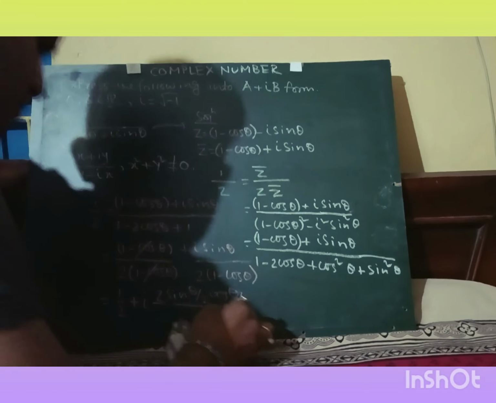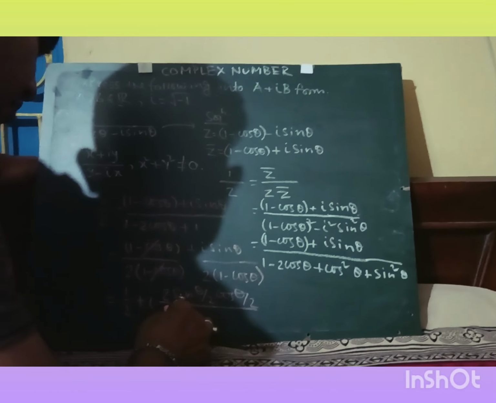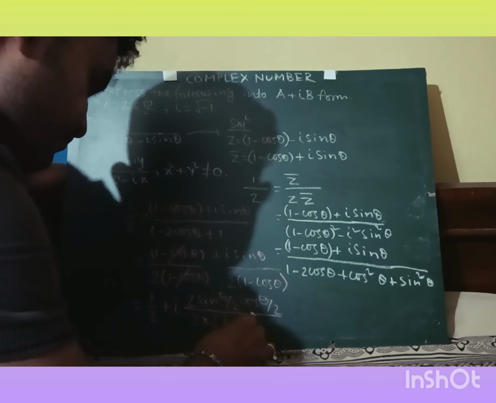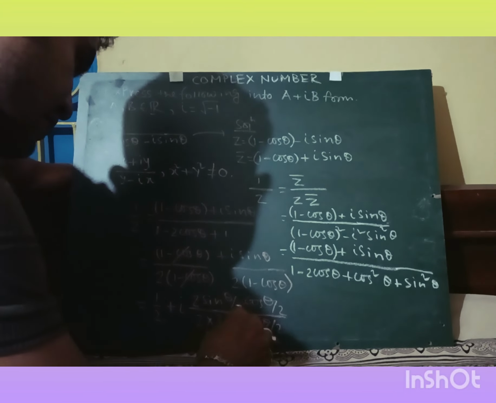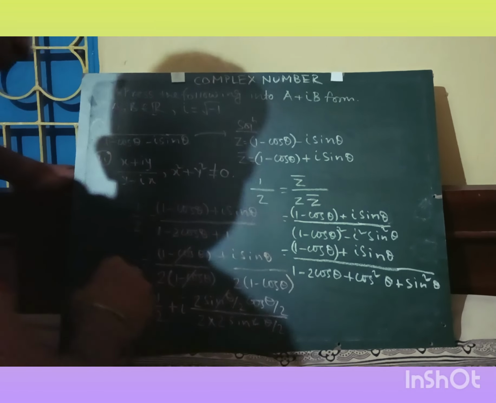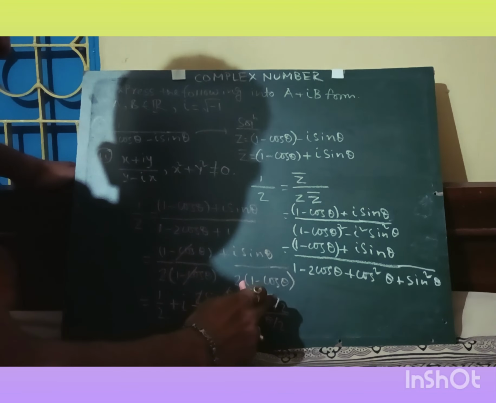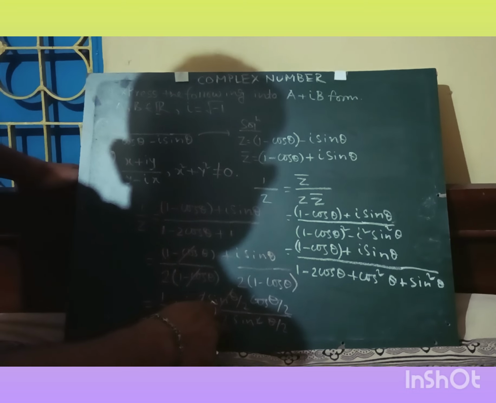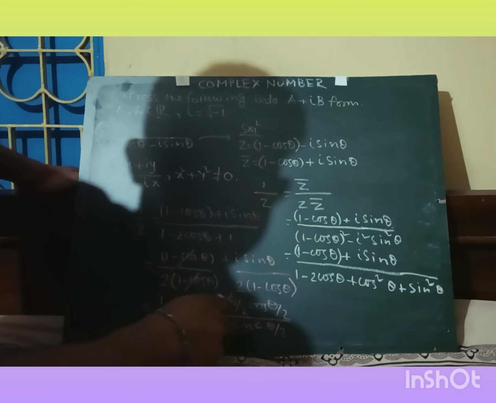It is the formula of submultiple trigonometric angles, and 1 minus cos theta means 2 sin squared theta by 2. That means sin squared theta by 2 and sin theta by 2 leave one sin theta by 2. That means 2 and 2 cancel, cos theta by 2, and the denominator is 2 sin theta by 2.